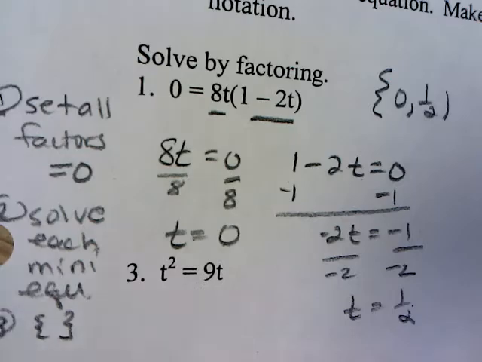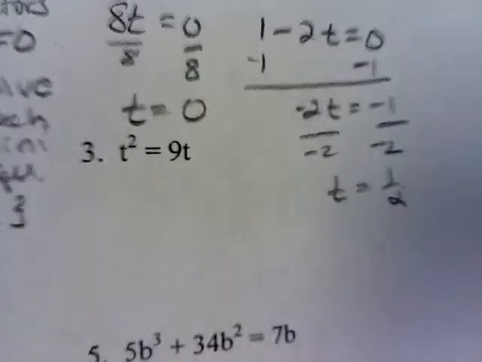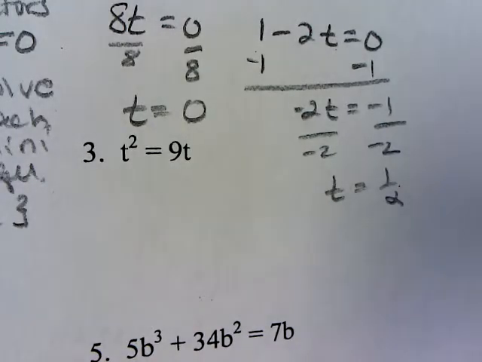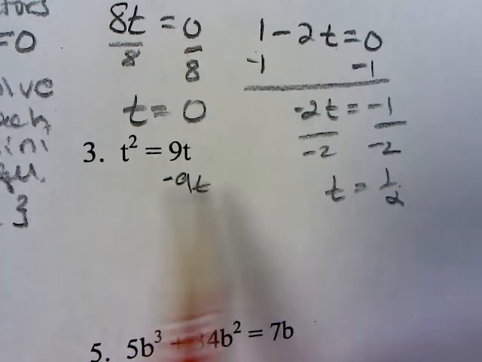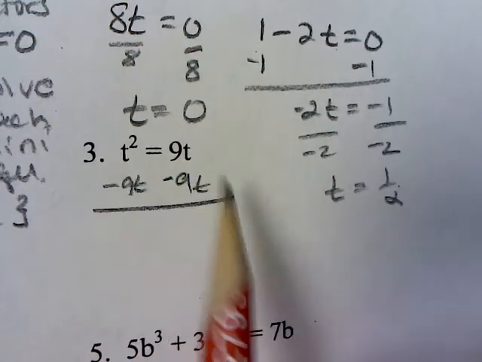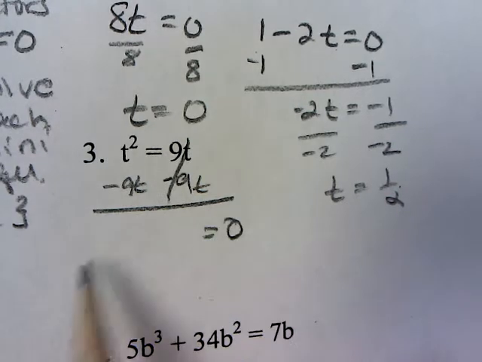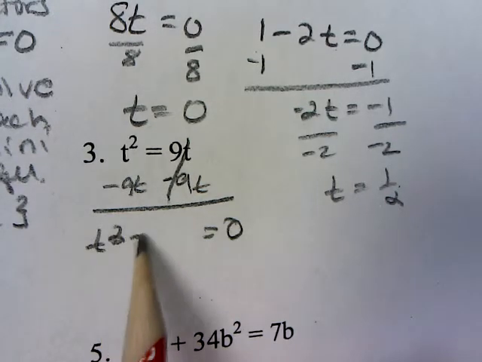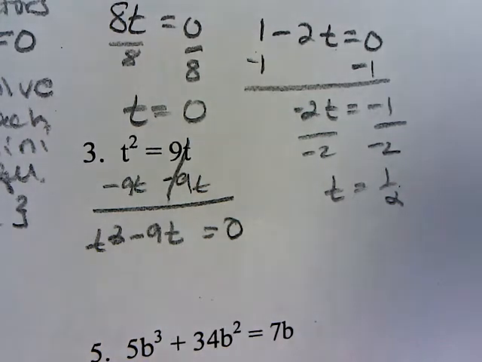So how is number 3 different? Number 3 is different because, one, it doesn't equal 0. So I have to get all my terms over to the left so that it equals 0, because that's my first requirement. So I'm going to subtract 9t from both sides. That makes 0. Now remember, it has to be in standard form, so it has to be t squared minus 9t.